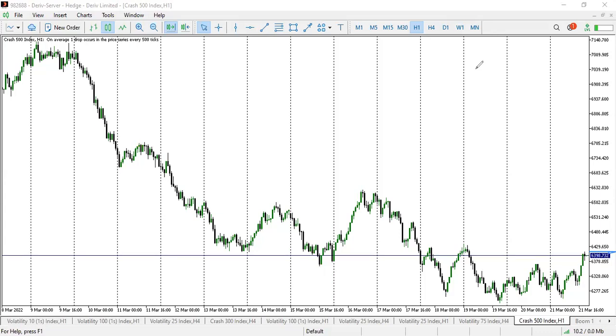Approximate it to the nearest zero level. Now this is 6398. The closest zero level that we have is going to be 6400, right? That's the closest zero level that we are going to be having. I hope you understand. This is the first thing you need to put into consideration: look at where the market is now.